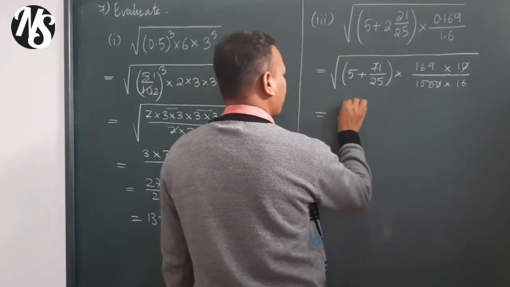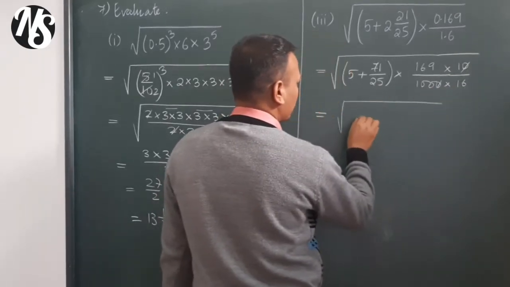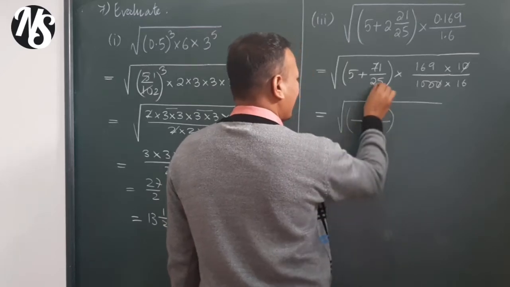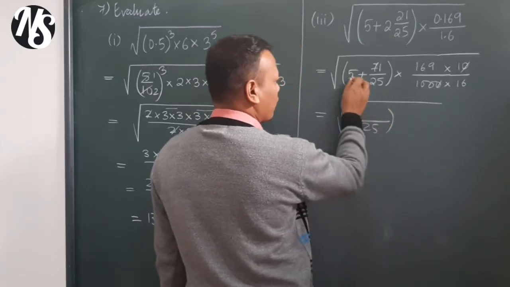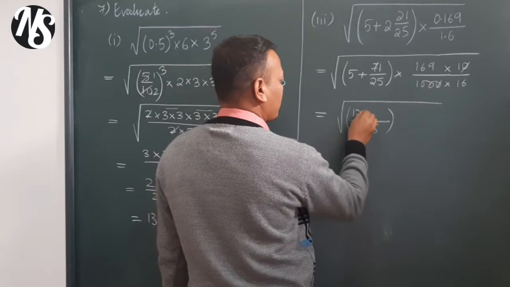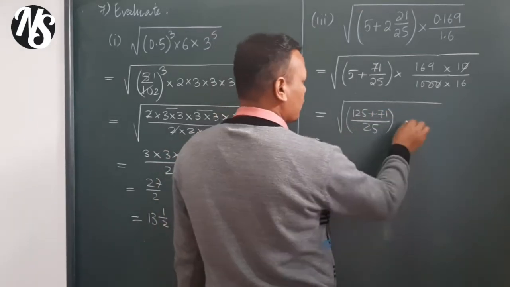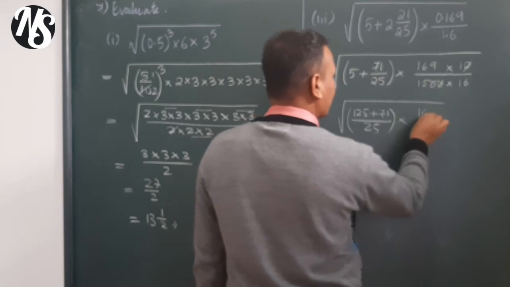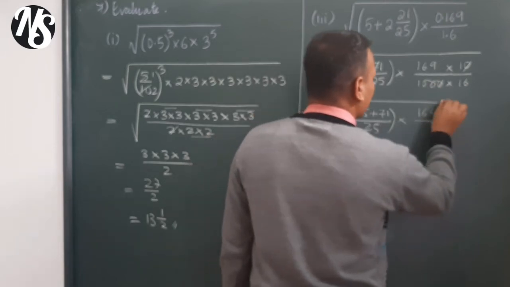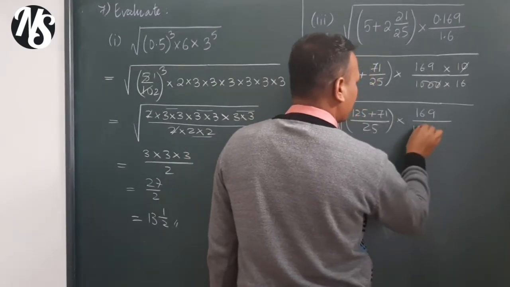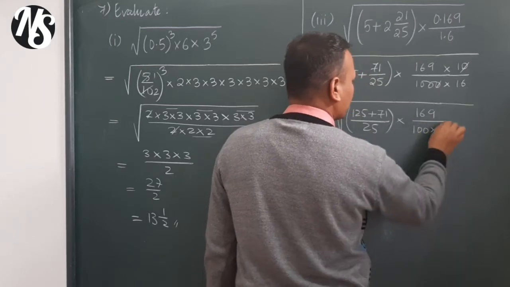Okay, so here if you simplify, LCM is 25, so 5 into 25 is 125, plus we have 71. Okay, so into here we have 169 by 100 into 16.